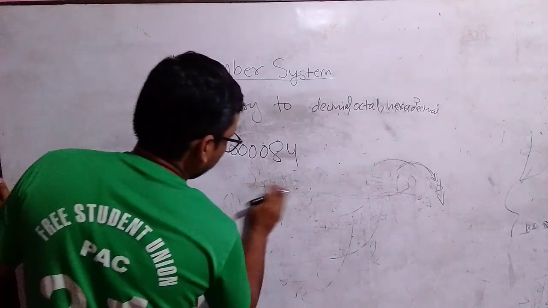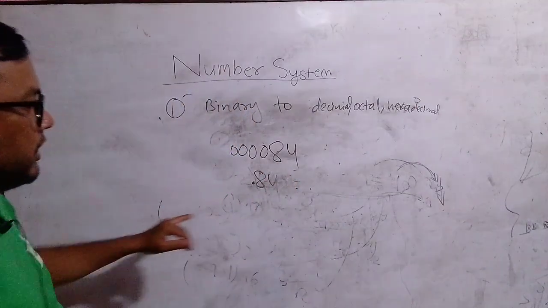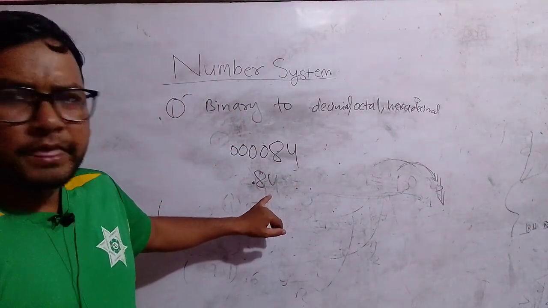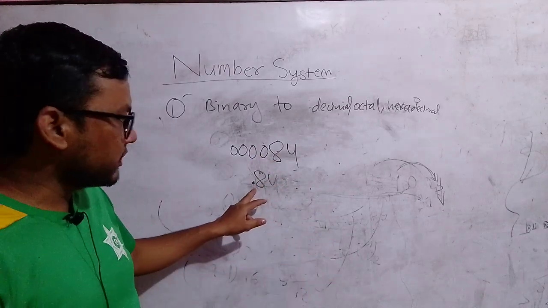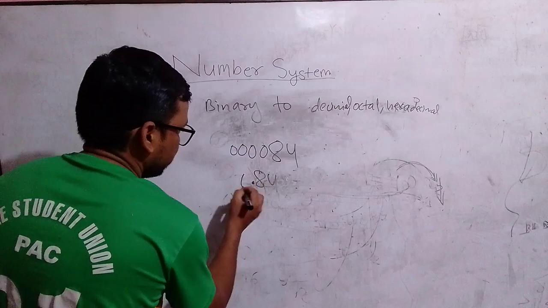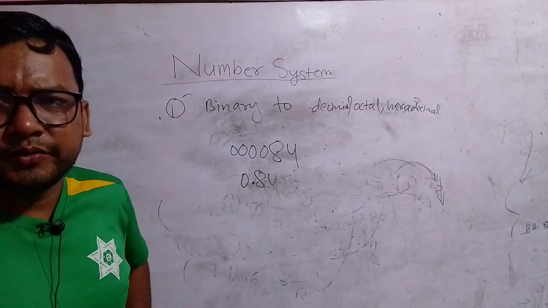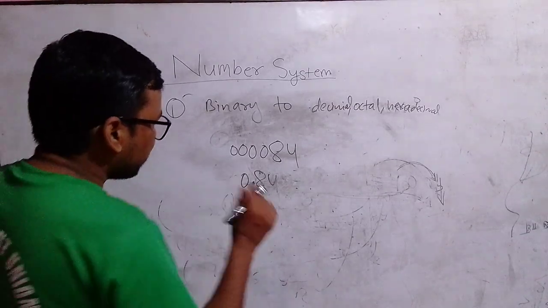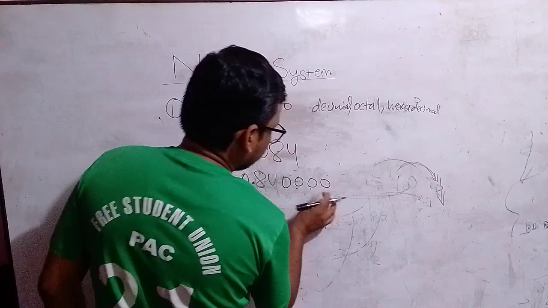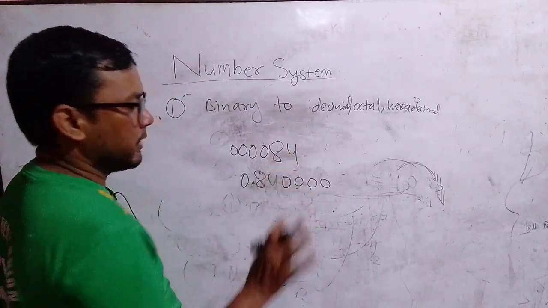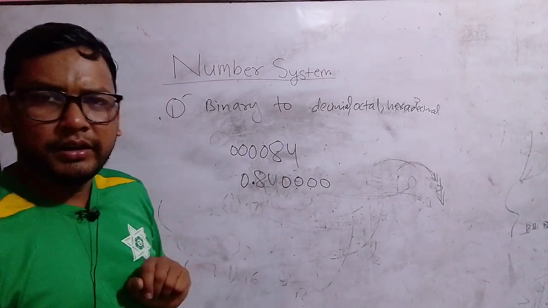But for 0.84, how do we write this? This is a fractional number because it contains the 0 here. We can also write this as 0.840. In this number system, we can append any number of 0s to the right hand side of this fractional number. This does not change its value.